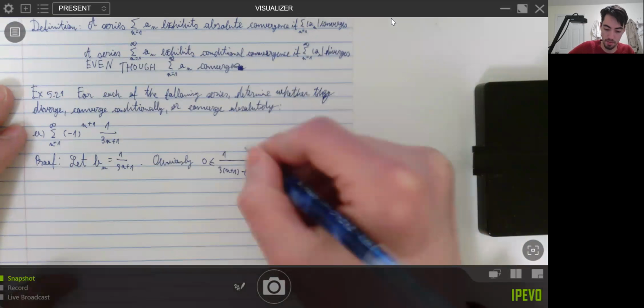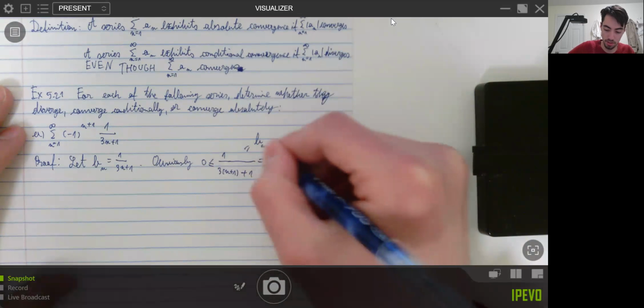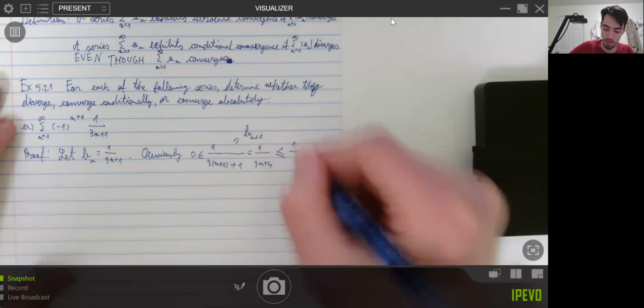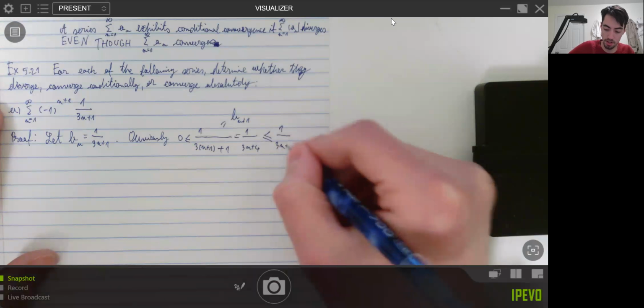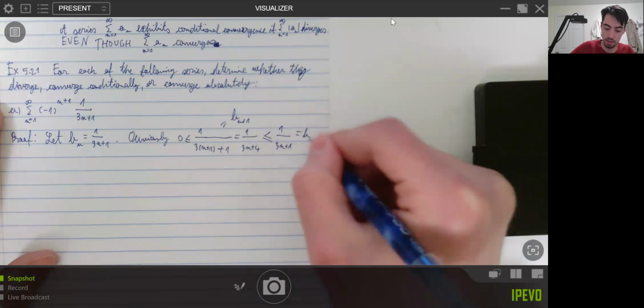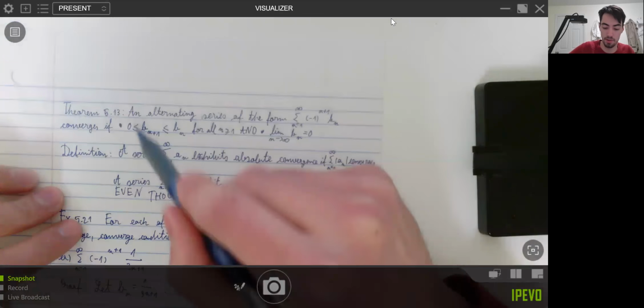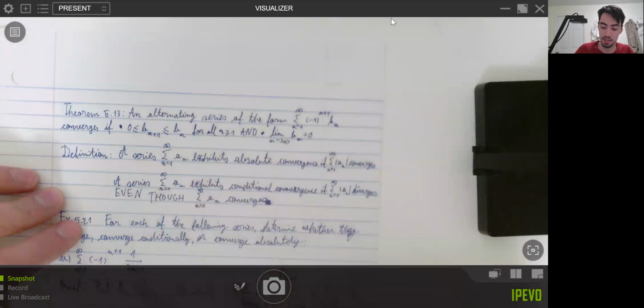This is our bn+1. And this is going to be less than or equal to 1 over 3n+1, which is our bn. So this means that our first condition in the theorem is actually met.